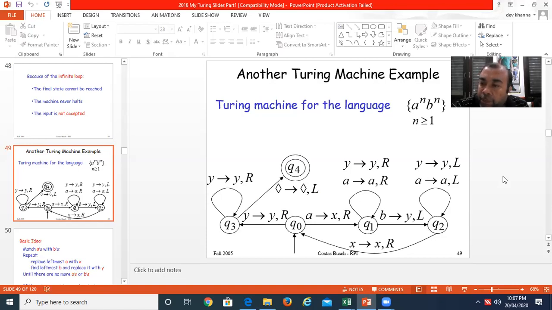Convert this rightmost b into the blank symbol and move towards the left-hand side. What will you meet? 3 b's followed by 3 a's, and as soon as you meet the leftmost a, take a right turn. Convert this leftmost a into blank, that is actually the third a, and match it with the third b on the right-hand side, then come back, fourth a with fourth b, and finally fifth a with fifth b.